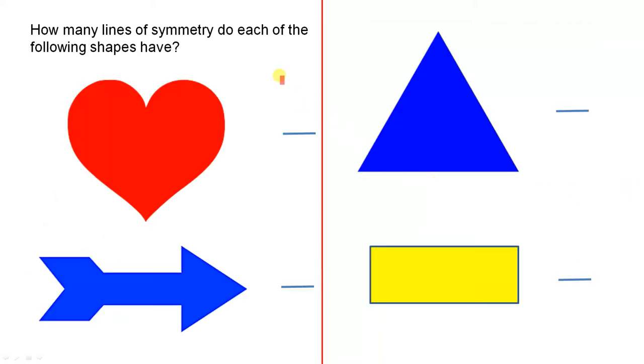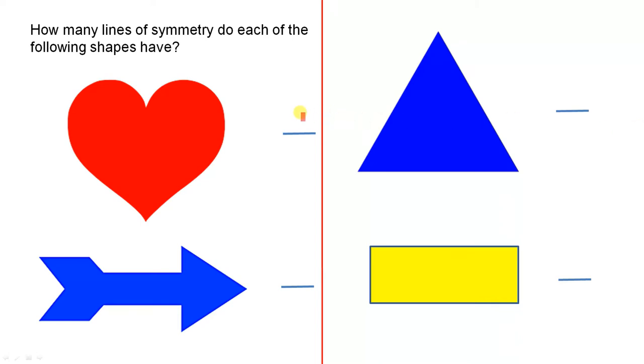How many lines of symmetry do each of the following shapes have? Each of those shapes has one or more lines of symmetry or axes of symmetry, and our aim is to put the numbers in. So have a look at that for about 10 or 15 seconds, and then we'll look at the answers on the next slide.